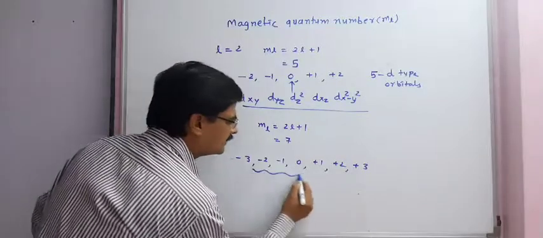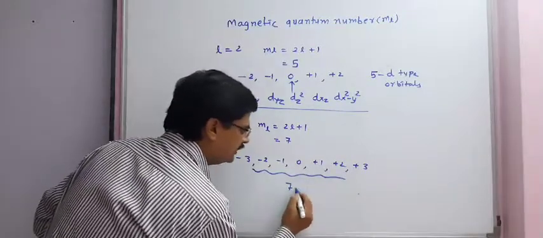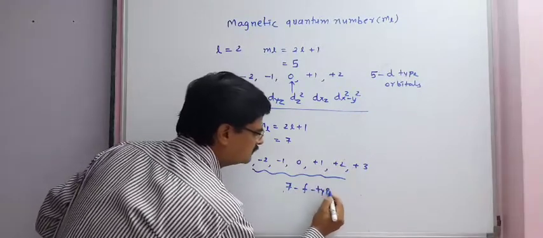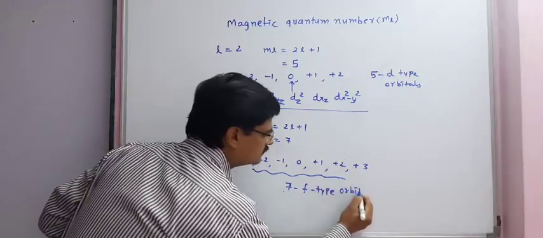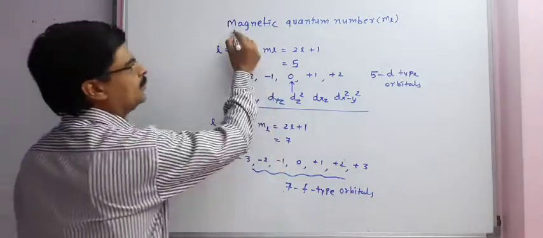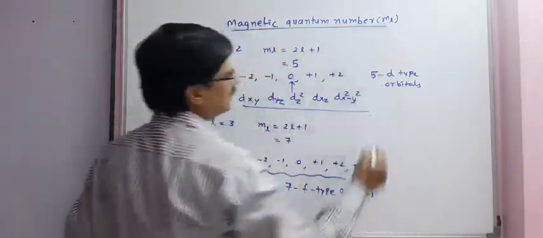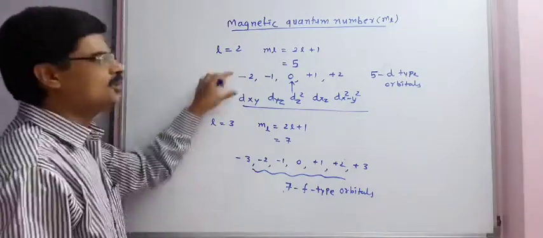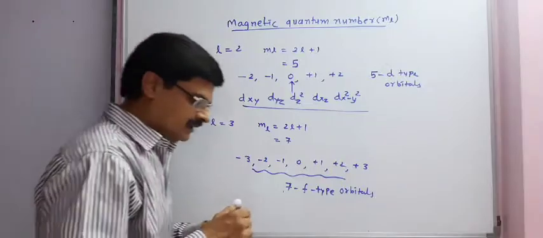And these are the 7 f-type orbitals. So from the knowledge of magnetic quantum number ml, we can get the knowledge related to the total number of orbitals.